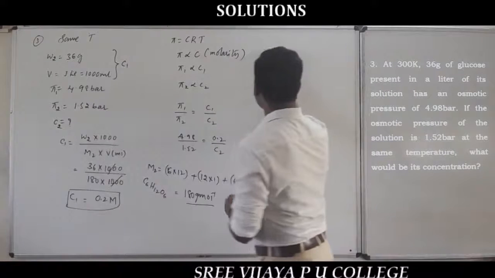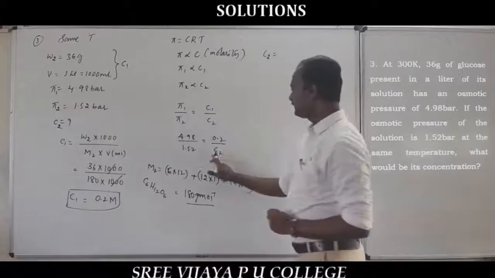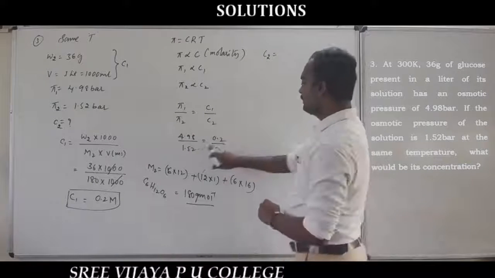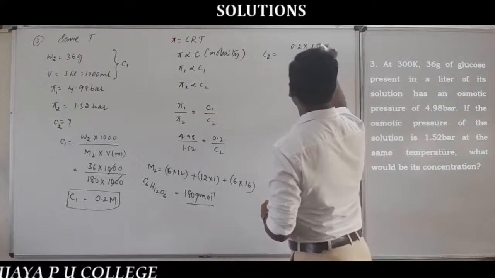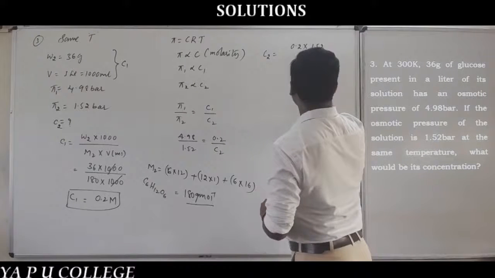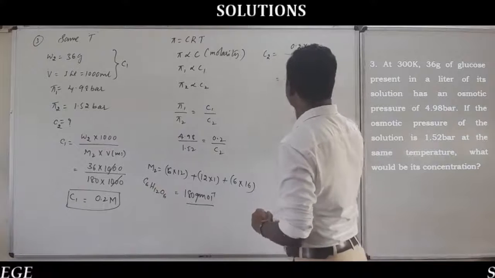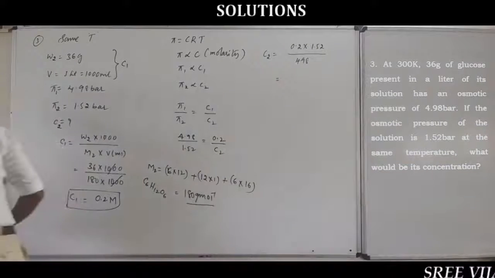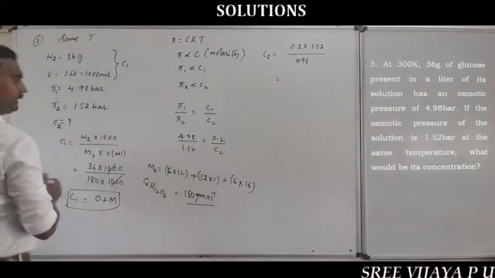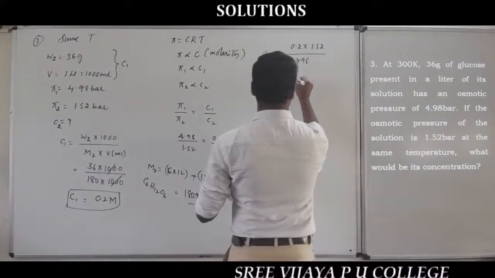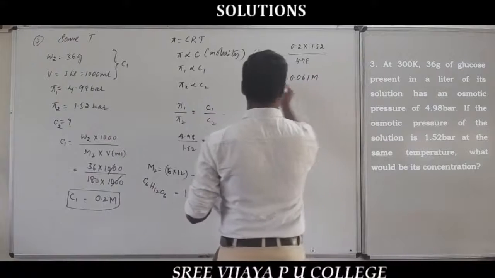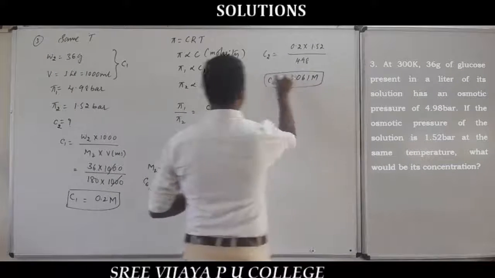So rearranging, C2 is equal to 0.2 into 1.5 divided by 4.98. Calculating the numerator, that is equal to 0.061 molar. That is the concentration C2.